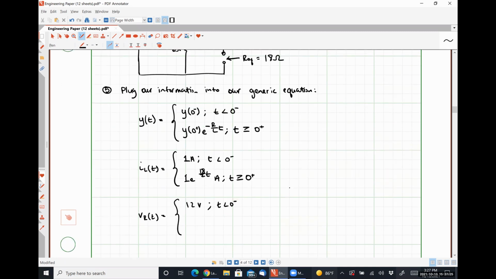So at 0 plus, we have negative 6 volts, and then we multiply that by e to the minus R over L. Sorry, that should have been a negative sign there. Negative 18 over 2, which is negative 9t volts. So doing no circuit analysis whatsoever gives us the exact same results as doing the circuit analysis.